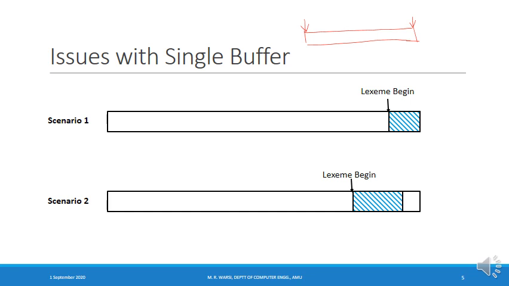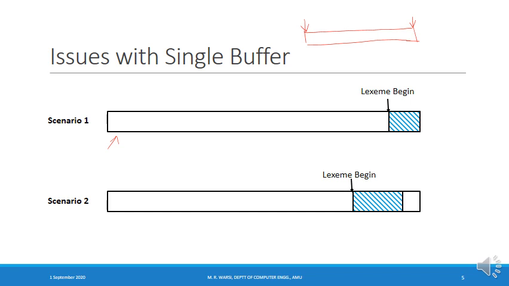If I have this scheme which is based upon a single buffer, there could be some issues, and let us discuss those issues. Consider the first scenario where a segment of the source program was brought into this buffer and the Lexical Analyzer was scanning from this buffer.